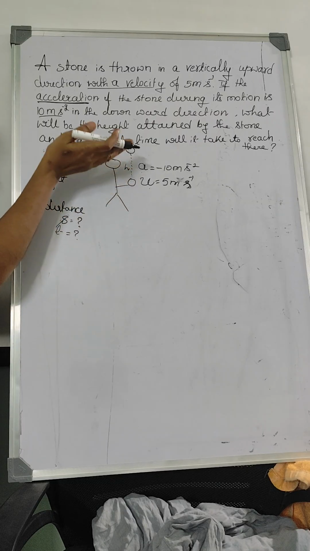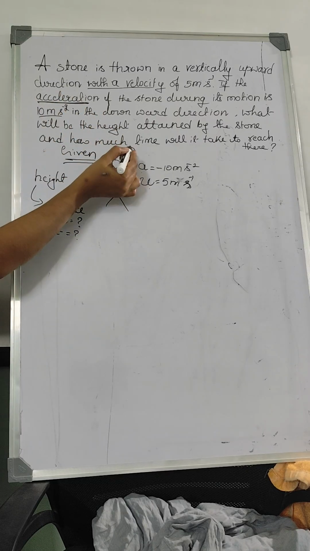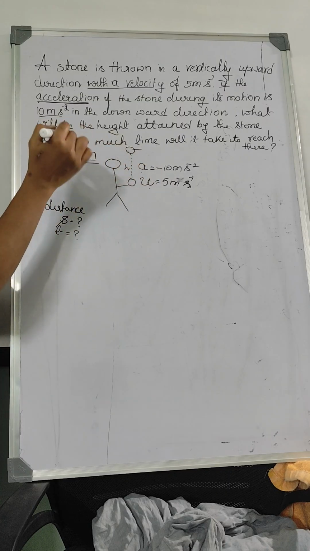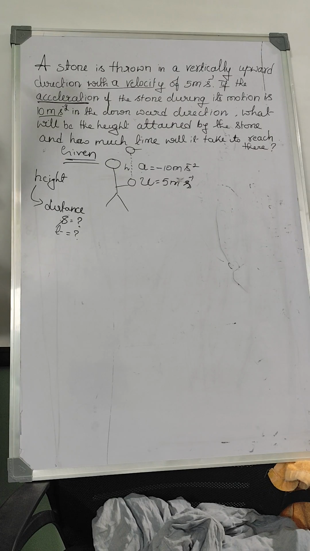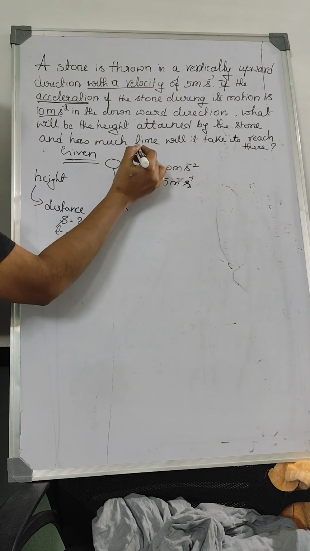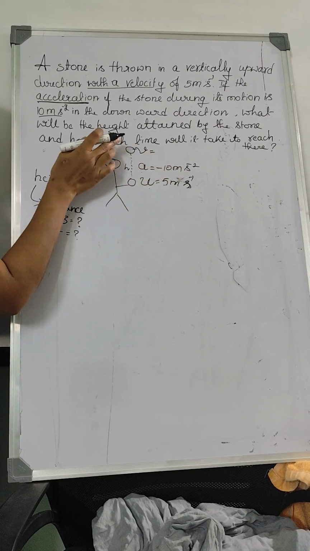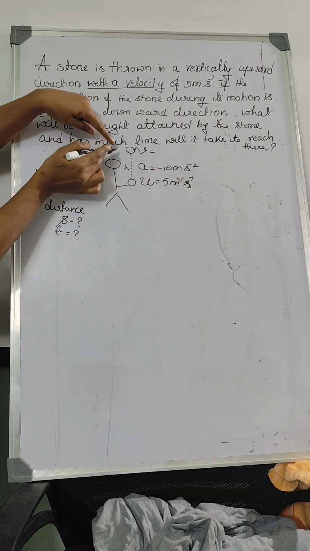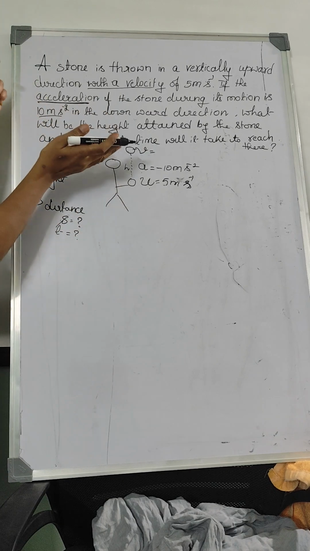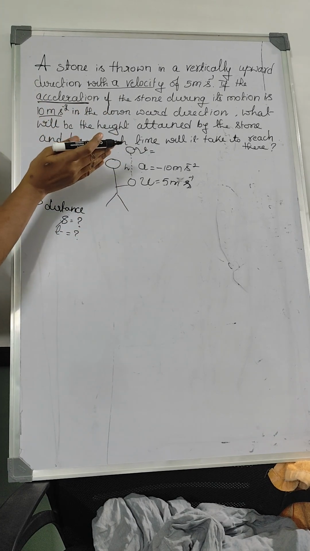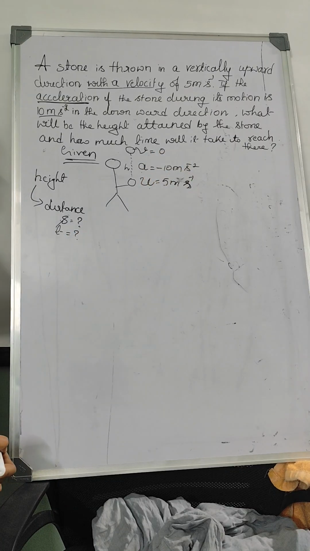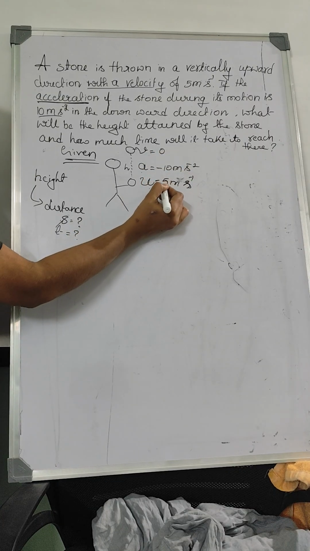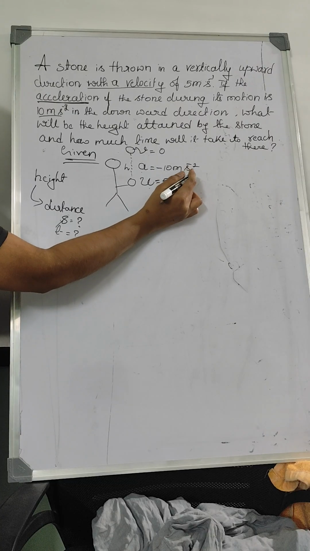At this point, just before falling, what is the speed of the object? Zero, right? So the final velocity after reaching the certain height is zero. You have to think only till here. So we are clear about what is given and what we need to find.